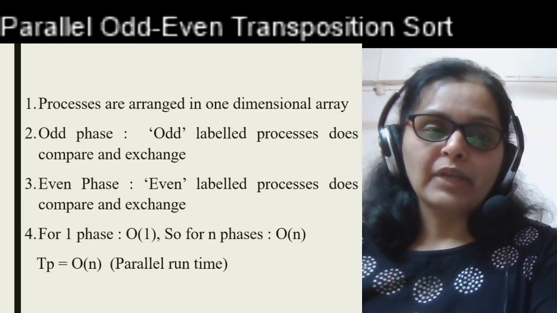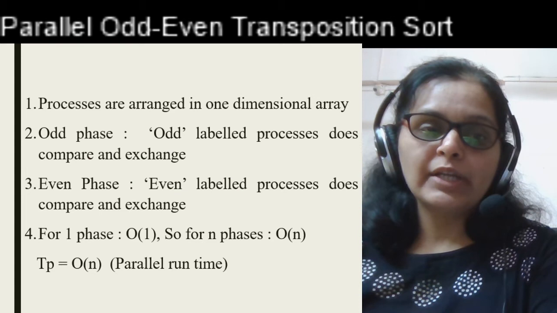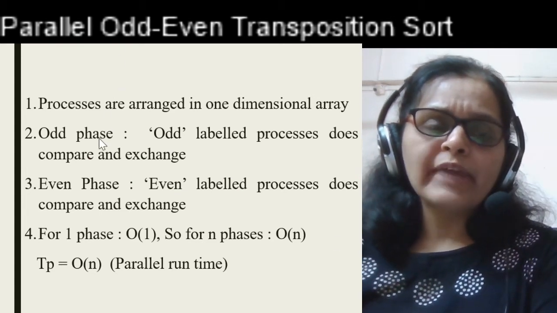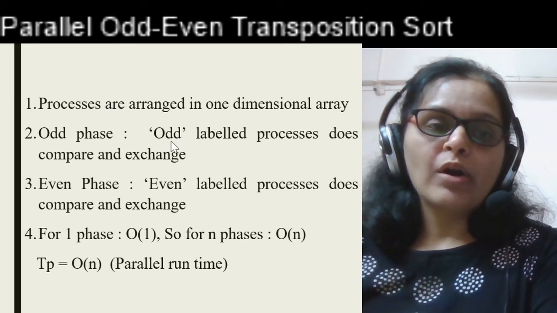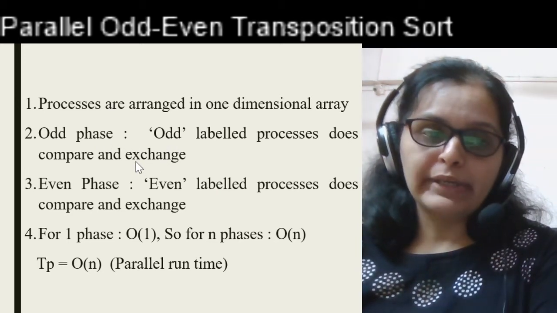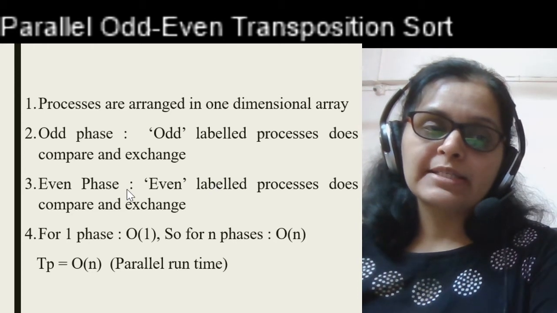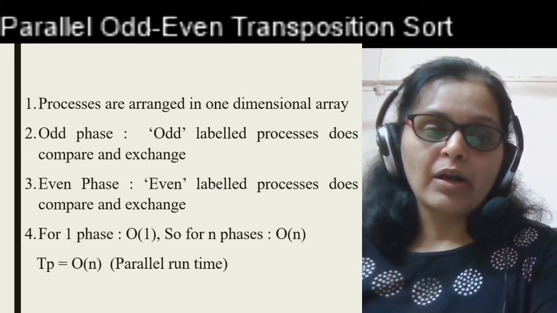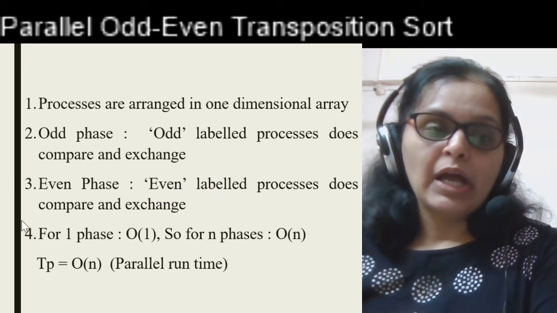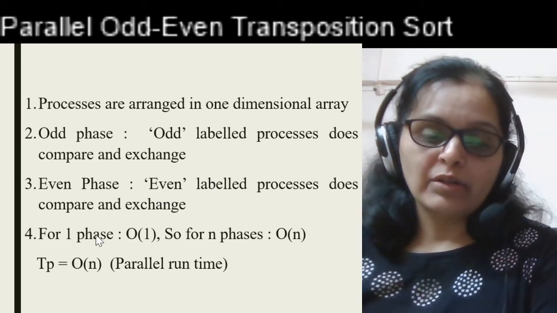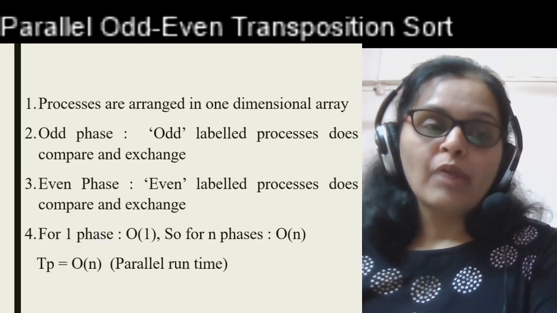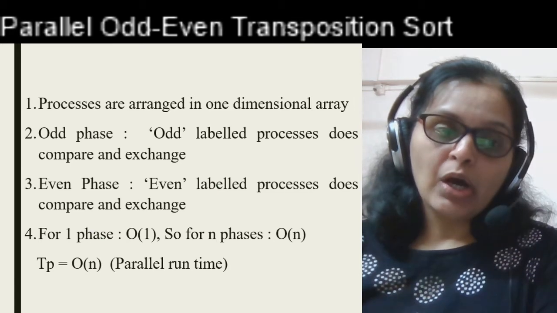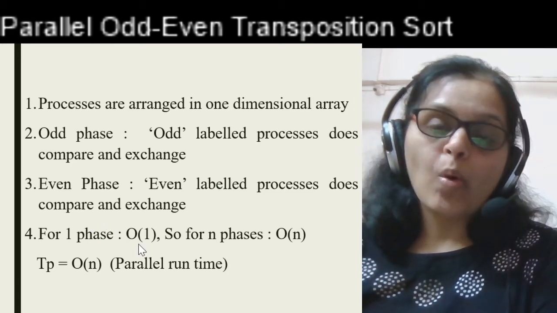Again, see, processes are arranged in one-dimensional array. So odd phase and even phase. Odd labeled processes do the compare and exchange. In even phase, even labeled processes do the compare and exchange operation. So as I told you just now, for one phase, whether it is odd or whether it is even, the time complexity is O(1).